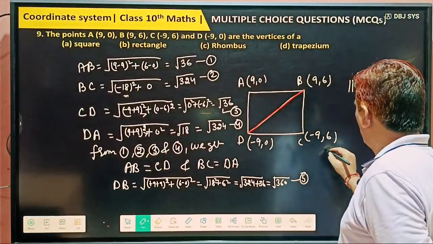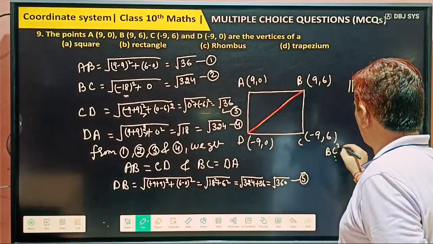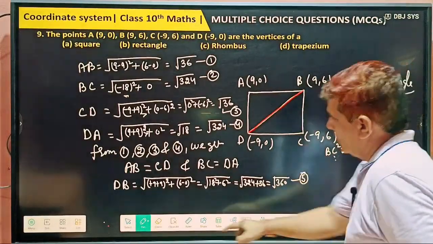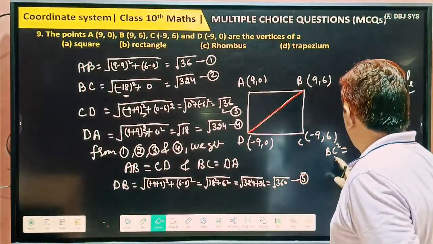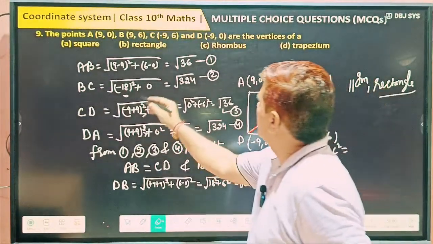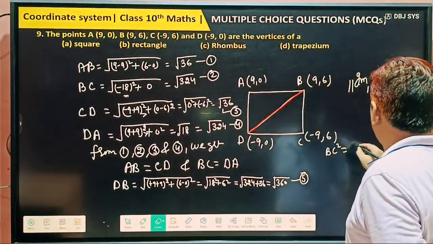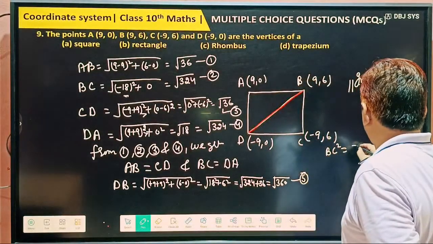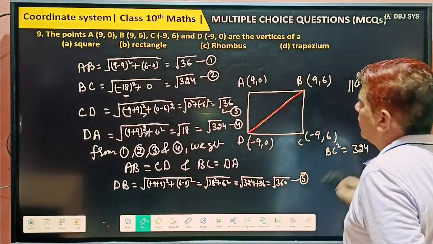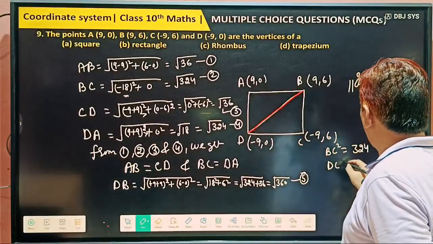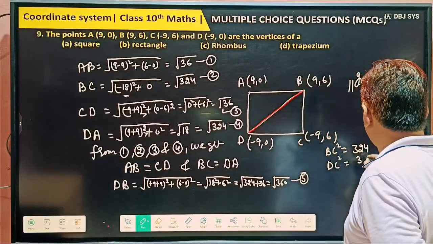Now BC square is equal to 324. Where is BC? BC is this. DC square is equal to 36.